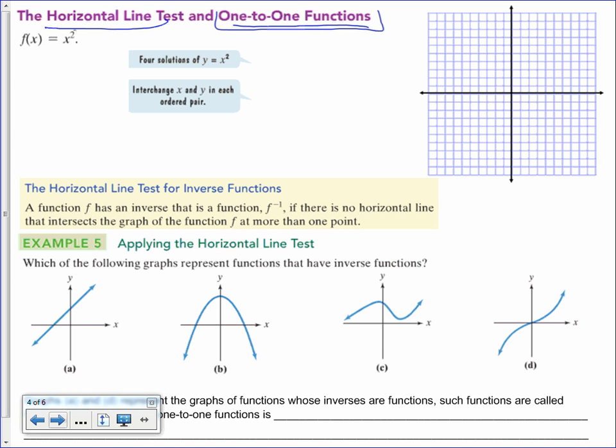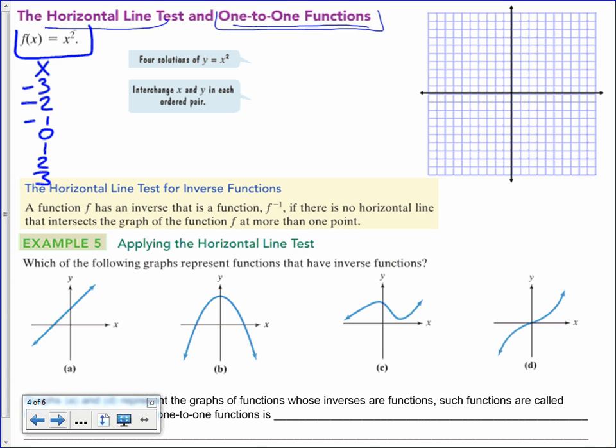All right. So let's go ahead and graph f of x equals x squared. Let's do a quick table here. So let's take values from -3, -2, -1, 0, 1, 2, 3. Does that mean that those are the only x values? No, right?